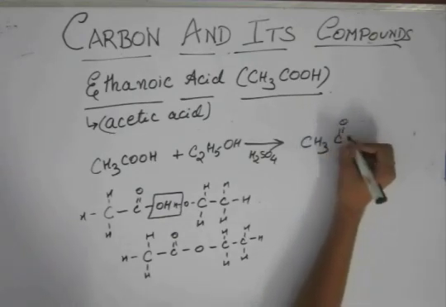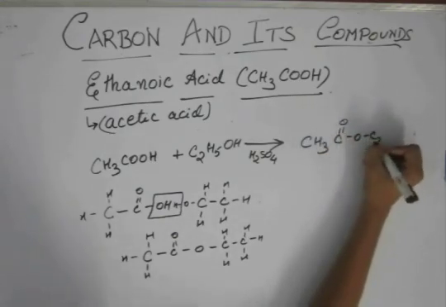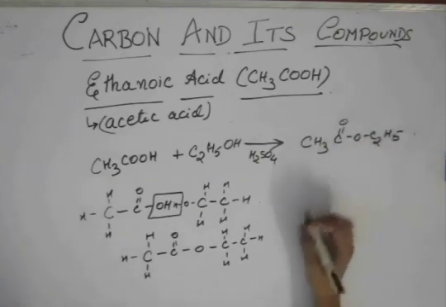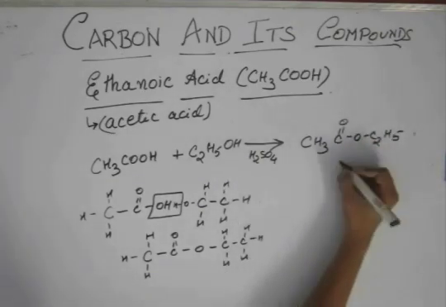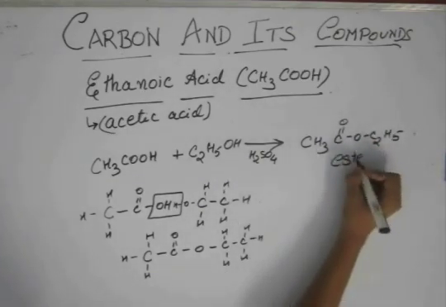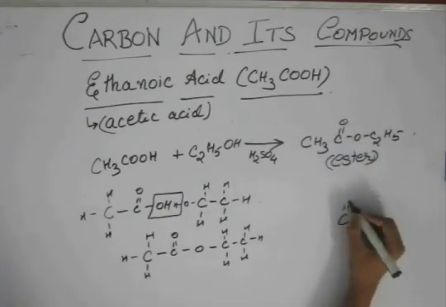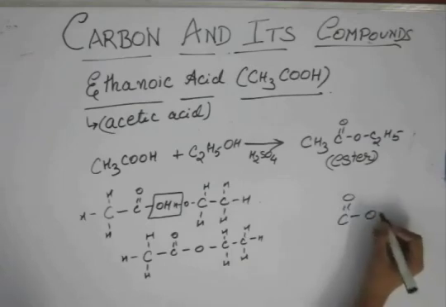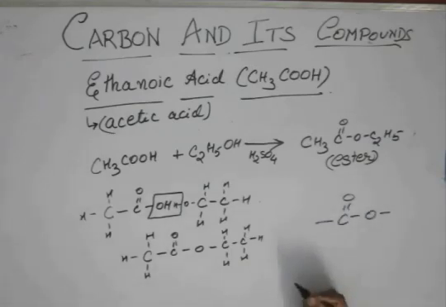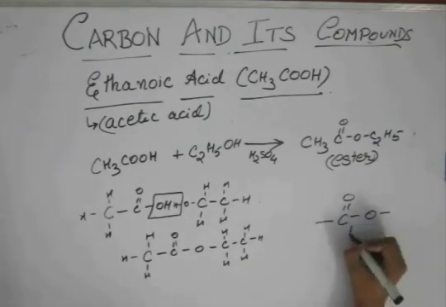CH3COOC2H5. And this compound is called an ester. I mean, these types of compounds which have this COO type of group are called esters.